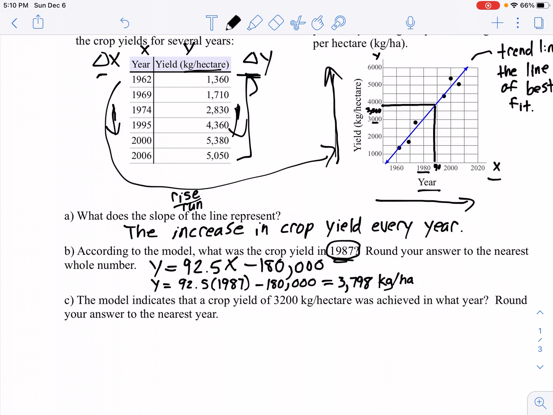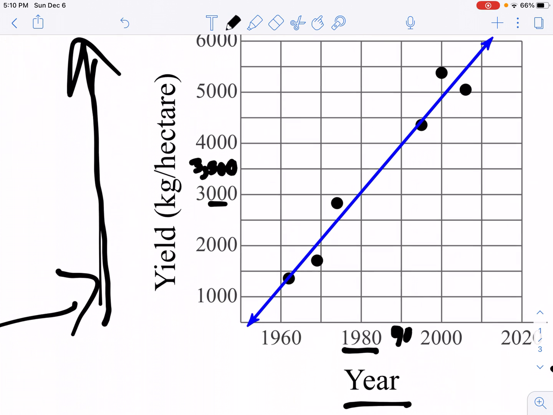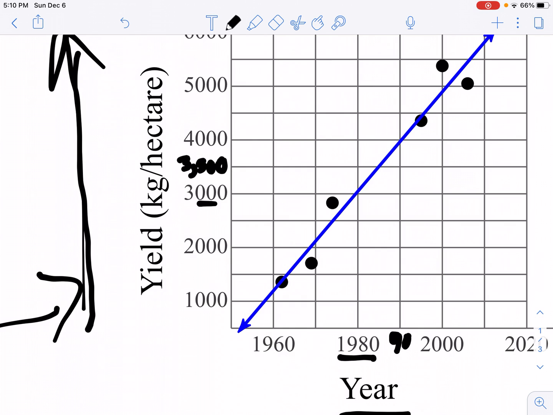So again, we can use the idea of tracing. I'm going to get rid of the tracing we looked at earlier, and we can find where we think 3,200 would be, and just go across and then go down.